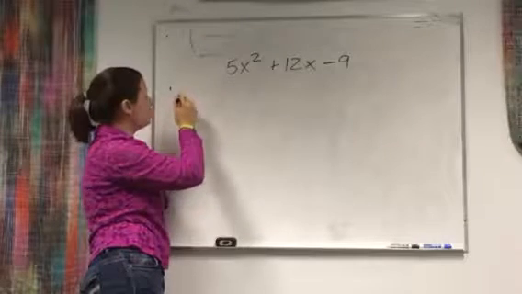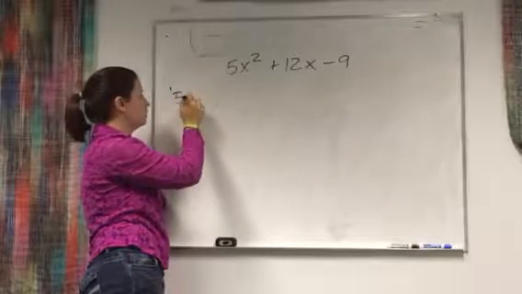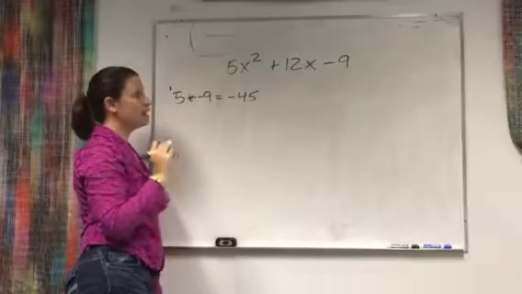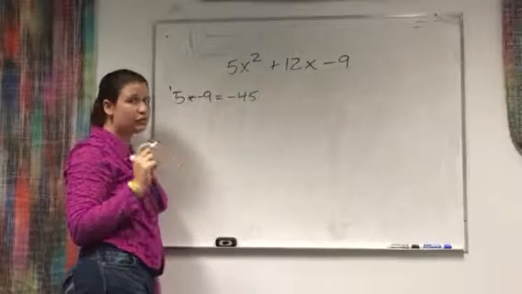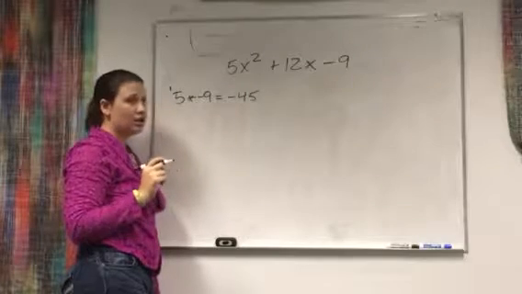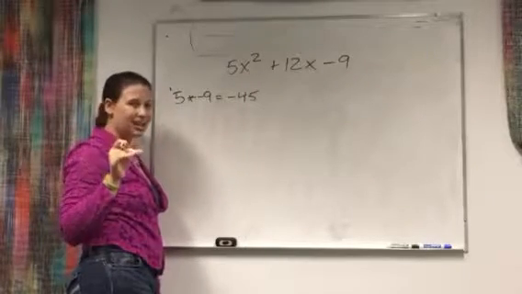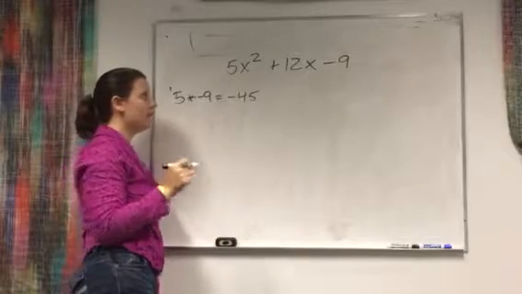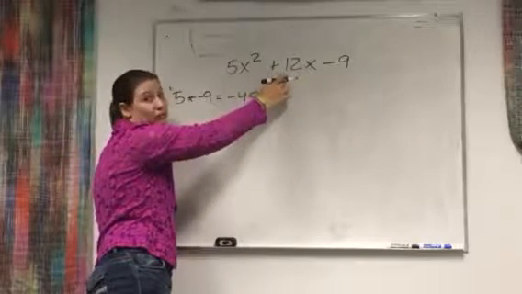So 5 and negative 9 make negative 45. Now, we want to look at factors of negative 45. We'll worry about the sign in a minute, okay? But we want to look at factors of negative 45 that make 12.